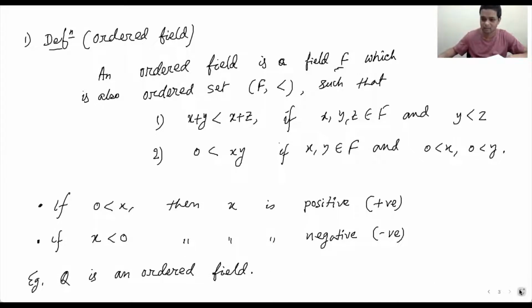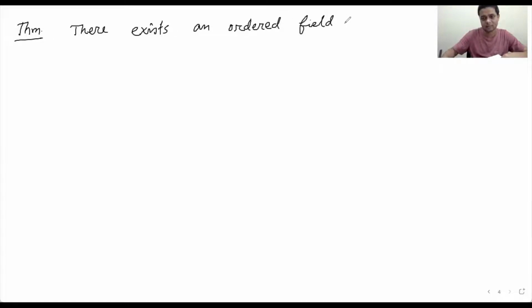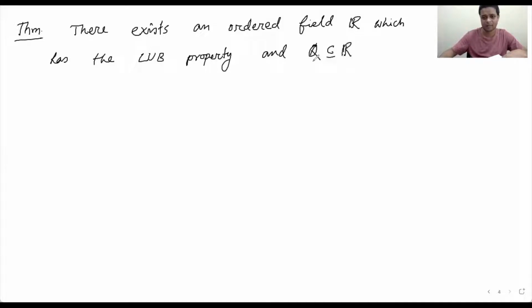Now we state a theorem. There exists an ordered field, denoted by script R, which has the least upper bound property, the LUB property, and contains Q, the set of all rationals.